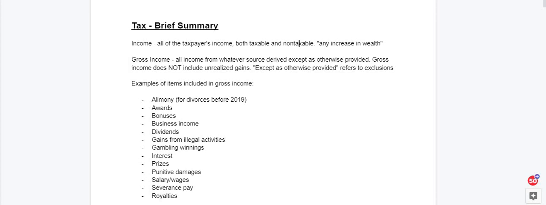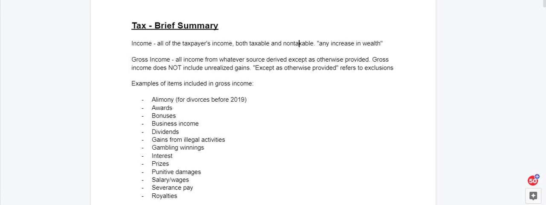So let's see an example. Let's say that your income is 100K. However, you determine that out of the 100K, 10K is not taxable. What that means is that even though your income is 100K, your taxable income is only 90K, right? 100K minus the non-taxable portion of 10K.